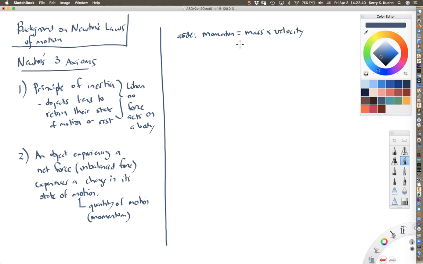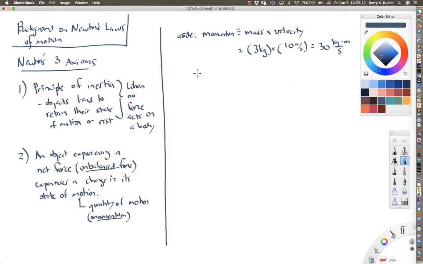So if something has a mass of 3 kilograms, and it's moving at a speed of 10 meters per second, its momentum will be 30 kilogram meters per second. Okay? So that's how momentum is defined, as mass times velocity. So what this is saying is that when there's an unbalanced force, its momentum changes.